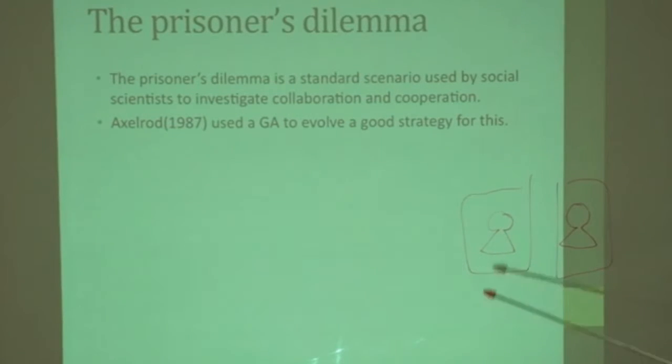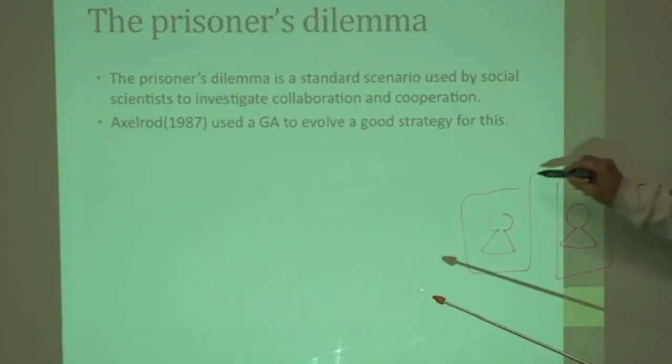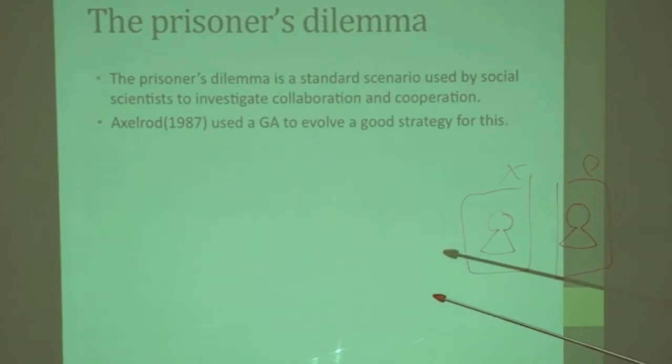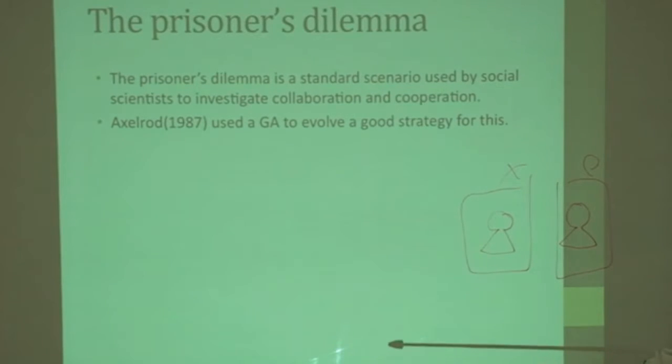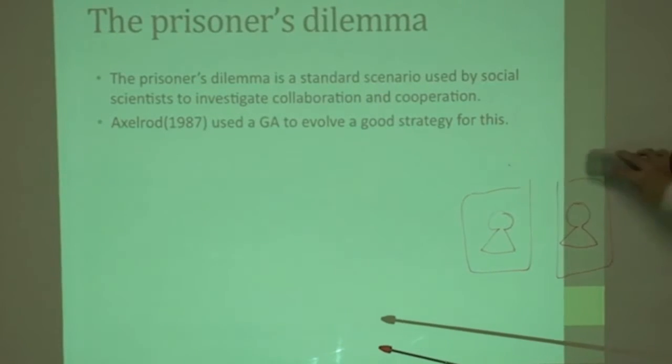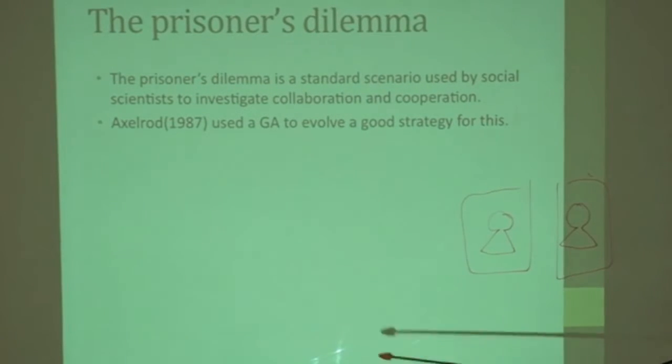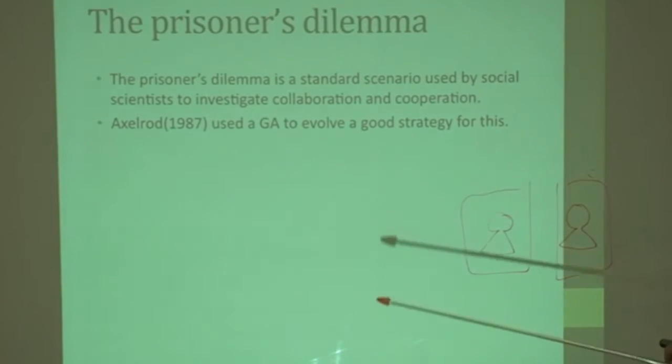If only one prisoner agrees, this prisoner is rewarded, and the other is punished. And if both prisoners defect, both receive a moderate reward.